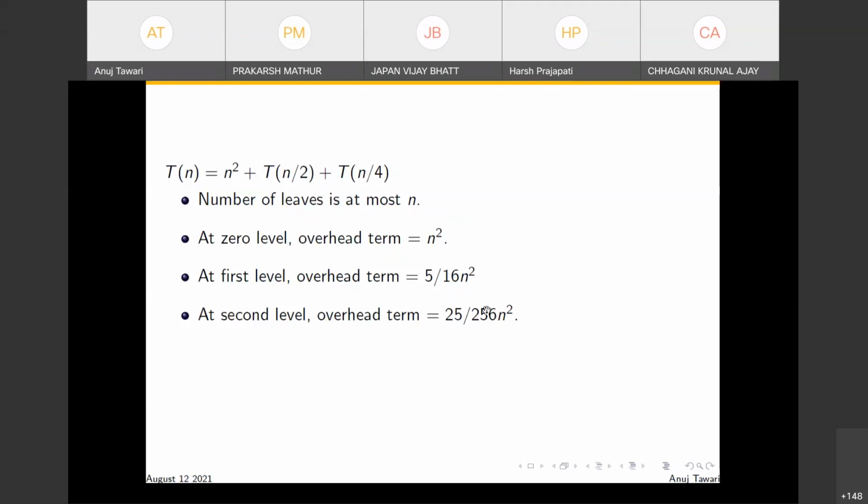It is a squared term, and if you take any recursion, it will always be a nice series. So what do we call this series? These are geometric series, and you should be able to sum this. So what is the sum up to infinity of this series?